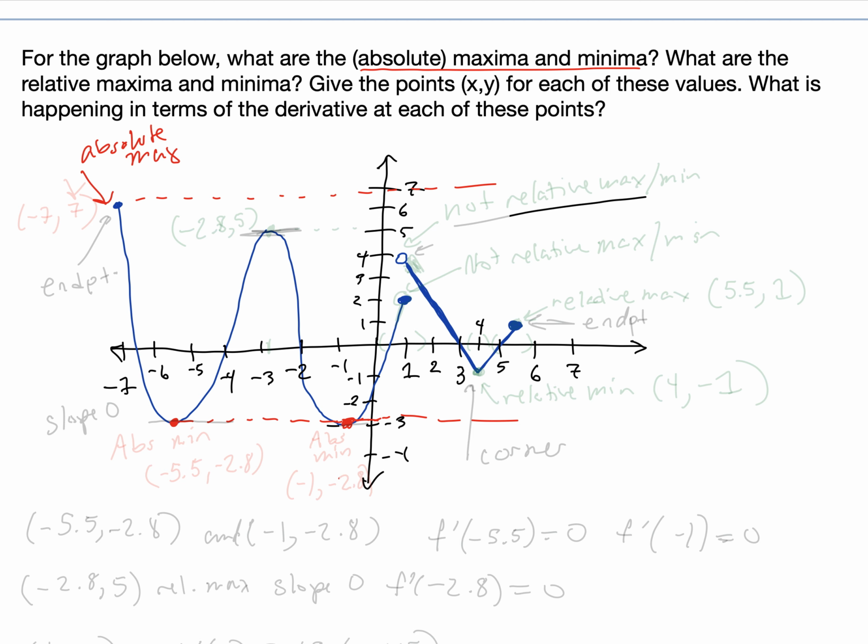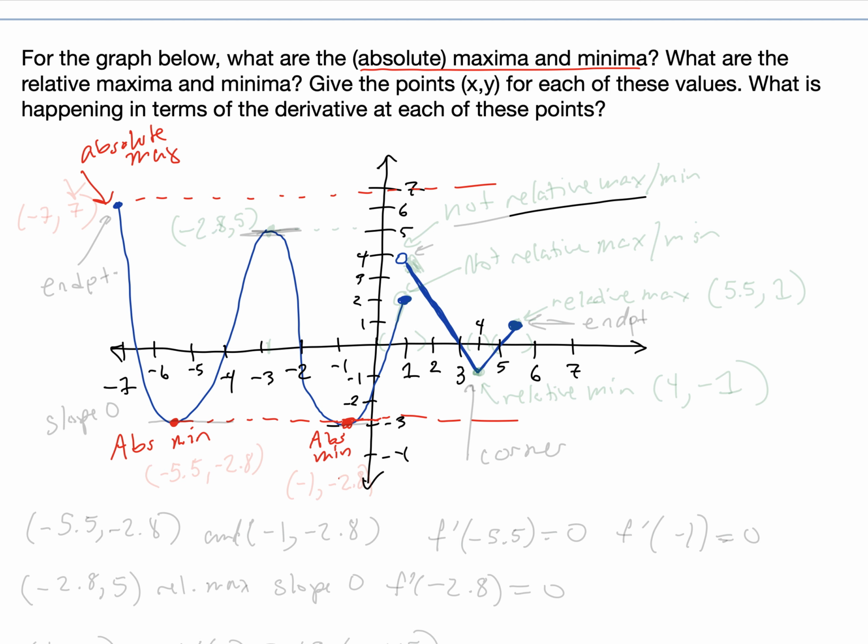So maybe both of these are absolute mins. And so we've got our absolute maxes and our absolute mins. There happen to be two absolute mins, which is okay. They're both the smallest, or the most negative in this case, outputs of this function.